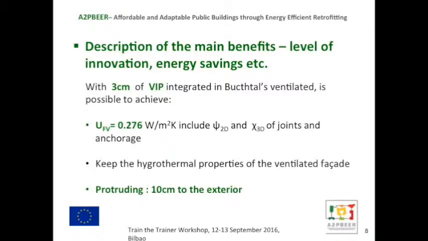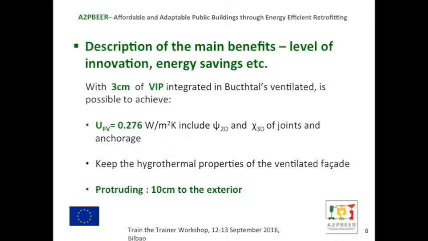In the construction world, sometimes when you calculate the U value, people don't take into account the linear thermal transmittance and the punctual thermal transmittance. But in this project, we have taken into account everything. So this value could be better if you calculate without this kind of thermal bridges.